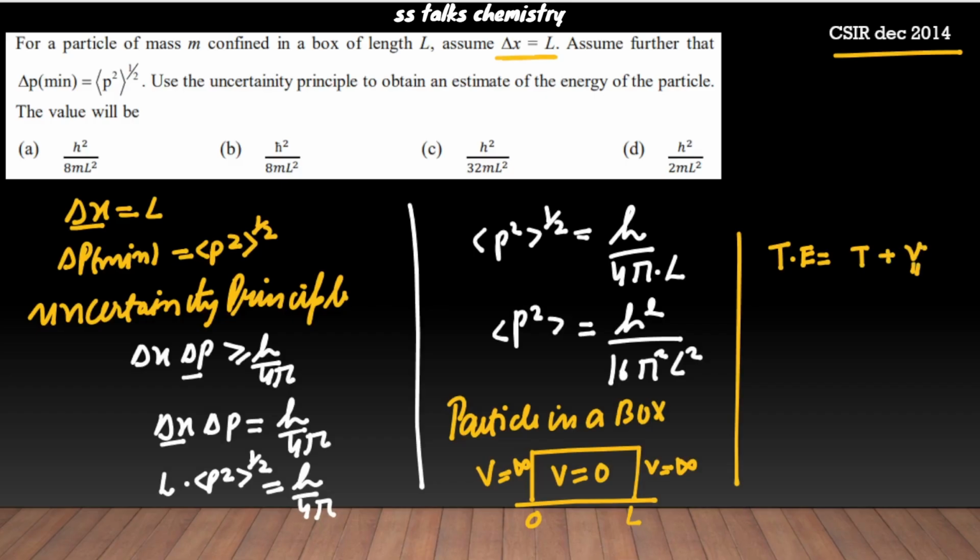Now the potential energy is 0, so the total energy of the system is your kinetic energy only. T is the kinetic energy and TE is the total energy.